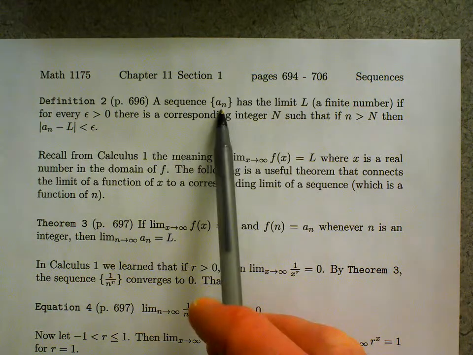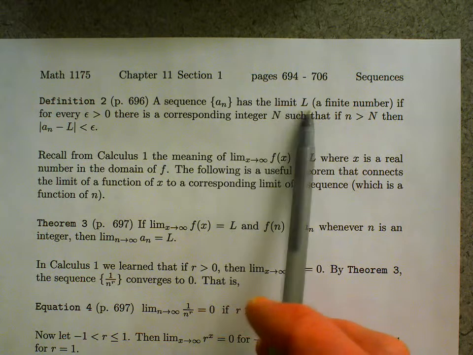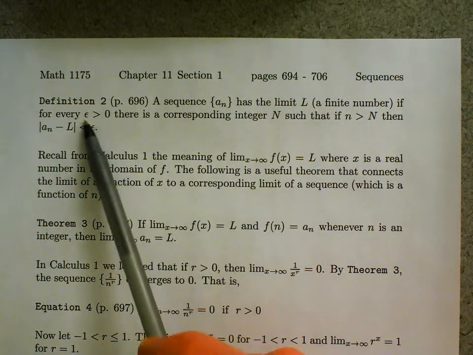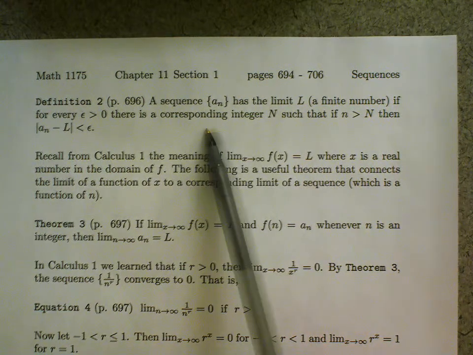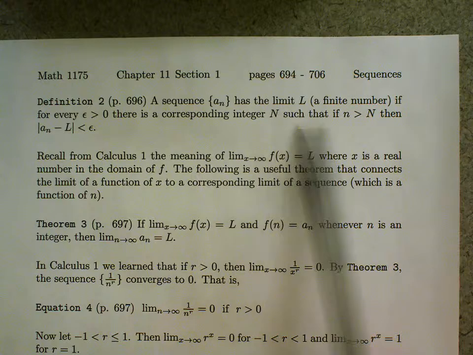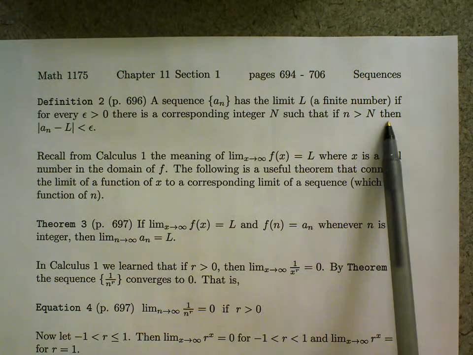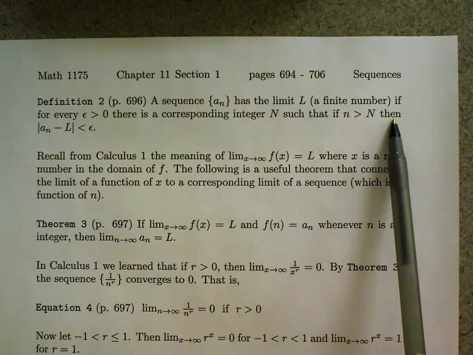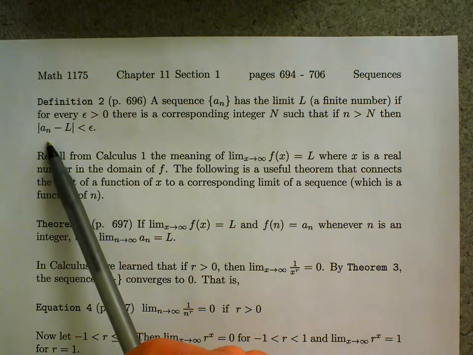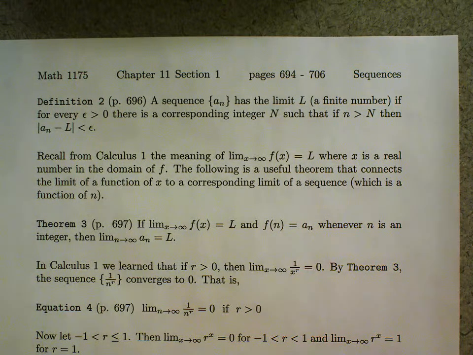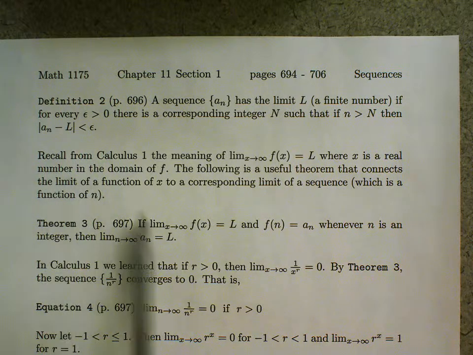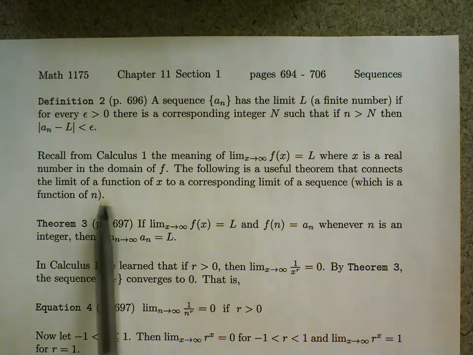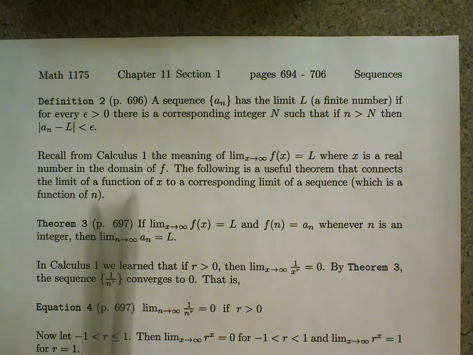The sequence a sub n has the limit capital L, a finite number, if for every epsilon greater than 0, there is a corresponding integer capital N such that if lowercase n is greater than capital N, then the absolute value of a sub n minus L is less than epsilon. So you had some exposure to that in Calculus 1, probably, if not with sequences, with functions.